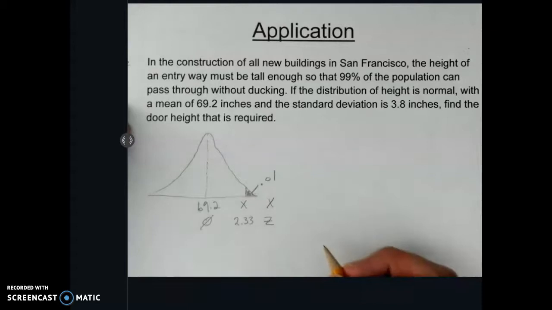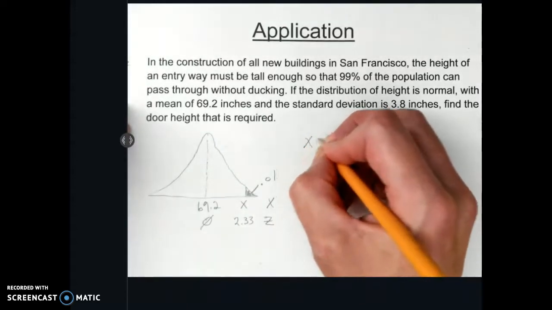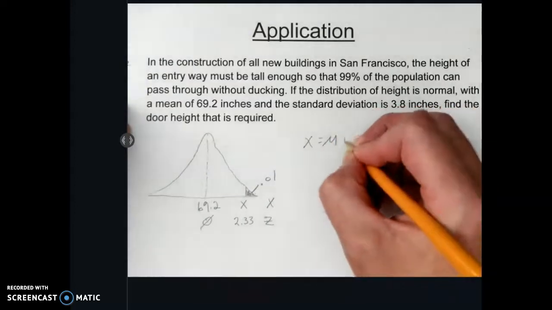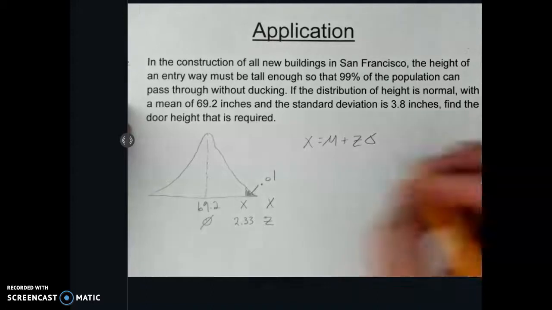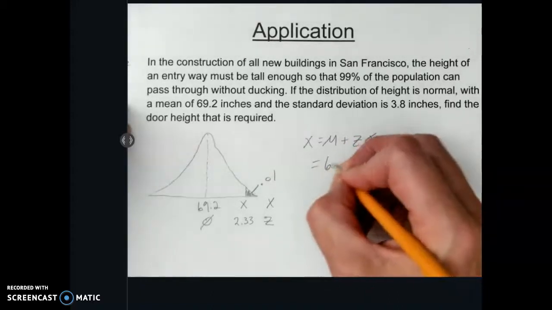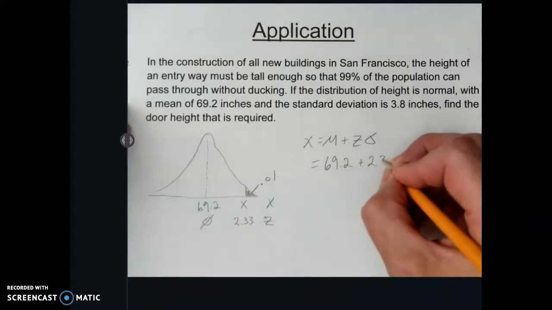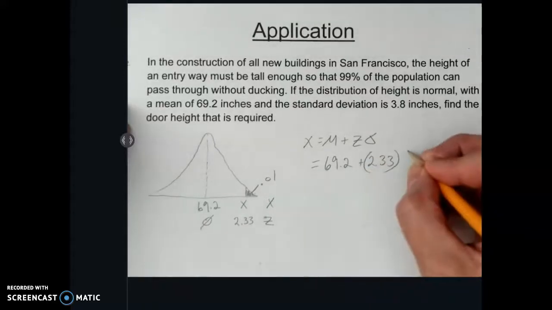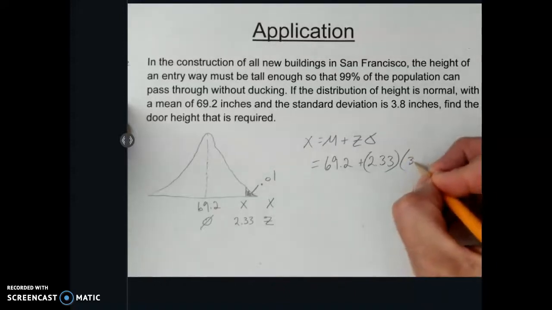Once we have that, we can solve for x. Remember our formula: x is equal to the mean plus the z-score times the standard deviation. Now we have all three. We have the mean, which is 69.2, the z, which is positive 2.33, and the standard deviation, which it tells us is 3.8.